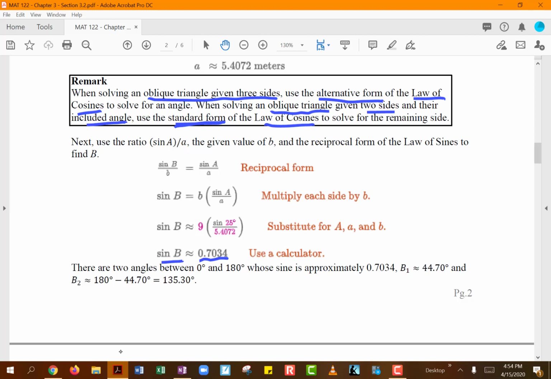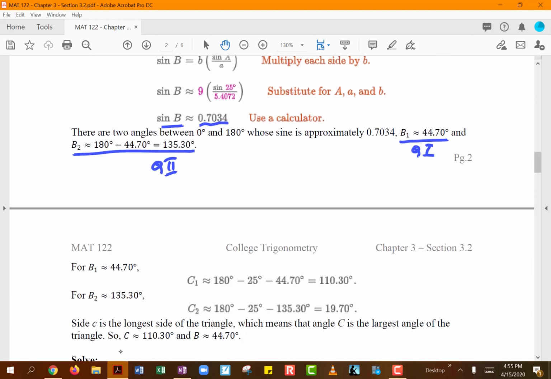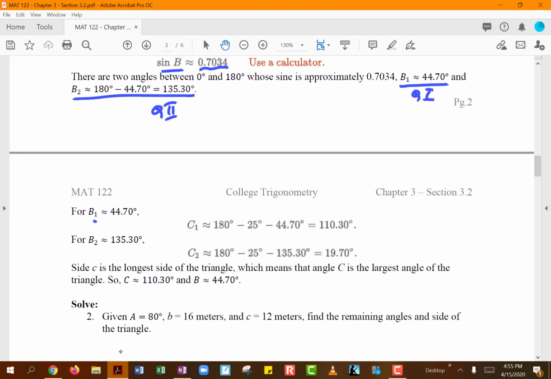Once you take the inverse sine function, you will come up with two values for angle B: one in quadrant 1 and one in quadrant 2. Based on B1, we calculate angle C1, which comes out to be an obtuse angle. If you use the value for B2, which is an obtuse angle, you get C2, which will be an acute angle.